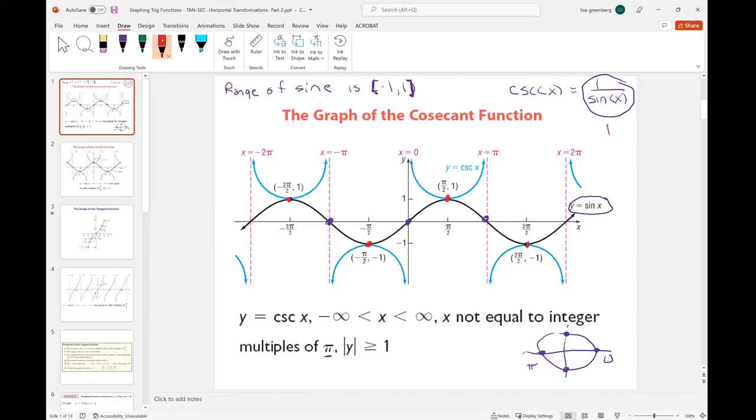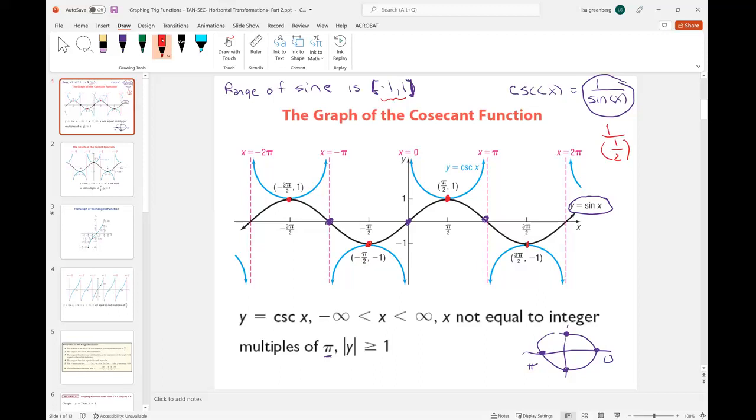So 1 over 1/2 just flips it, making it 2. So notice as the values of the sine get smaller, between 0 and 1, the cosecant values are just going to get bigger and bigger, right?